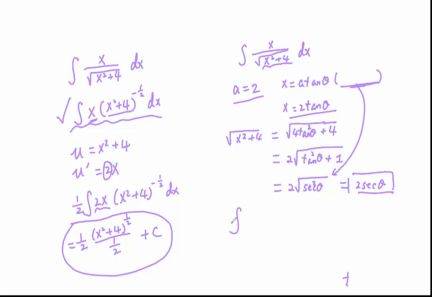I'm going to change the color. So that's my x. I'm going to write it right now. That's going to be 2 tangent theta divided by the square root of x squared plus 4. We already solved that. That's going to be 2 secant theta.